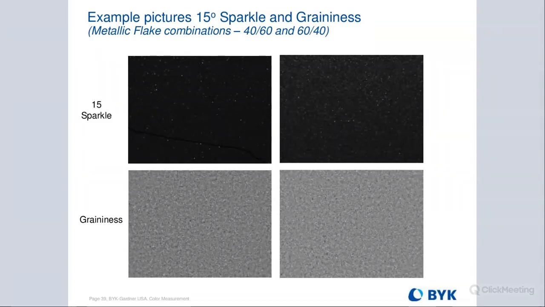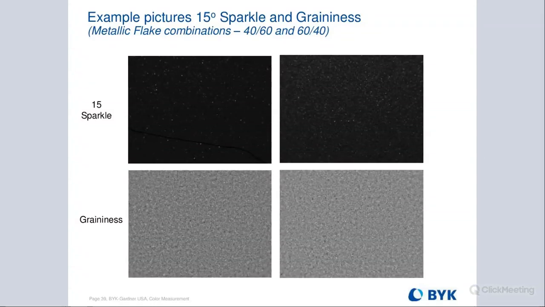These are the pictures. If anyone ever wanted to see pictures, there's a little program that we have where you can take the pictures and save them to your computer and look at the different pictures. But in this example, we're looking at the Sparkle 15, and there's 2 different flake combinations, 40 and 60% for a metallic flake, and then 60-40% is the second set that you see.